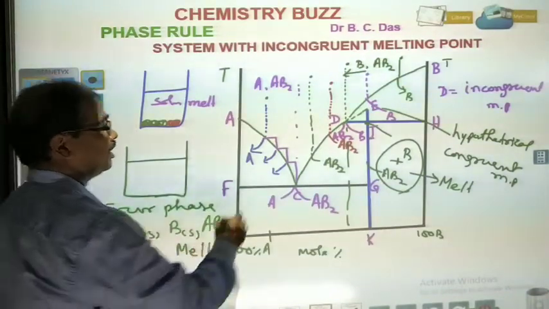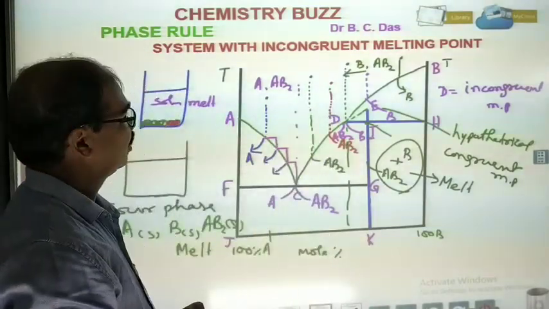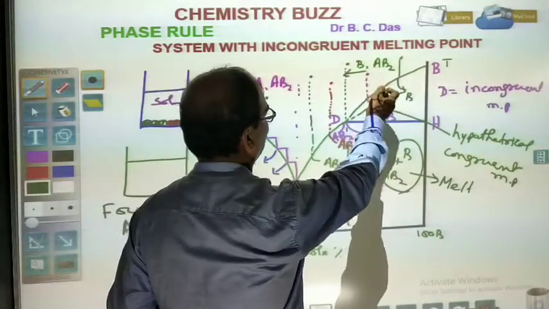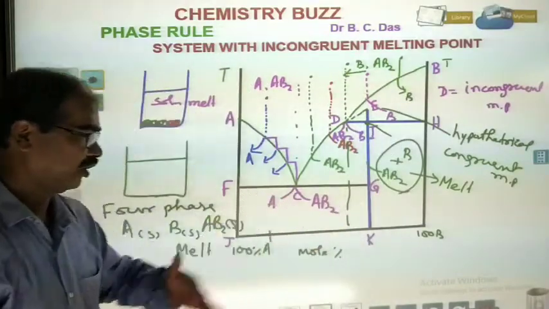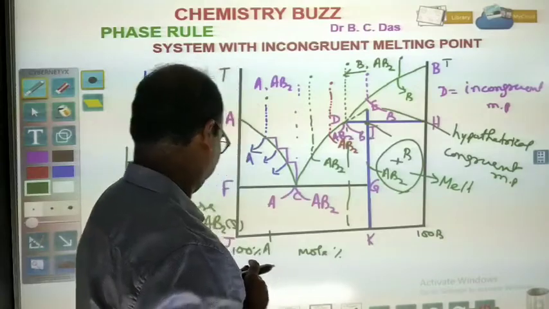The melt contains A, AB2, and B, or sometimes A, AB2, and sometimes B, AB2, depending upon the composition of A and B in the mixture.